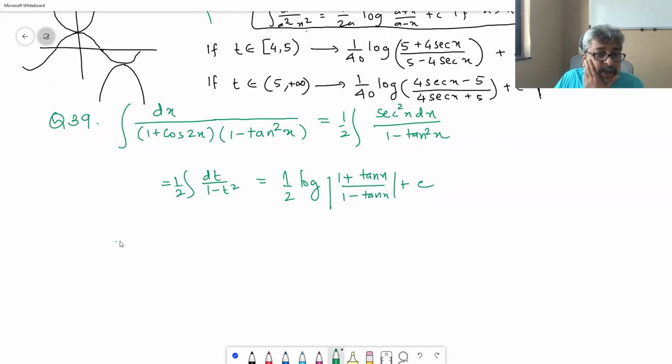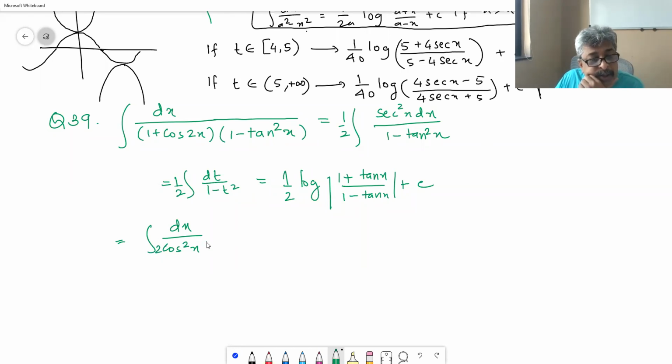Okay, this integral is equal to integral dx upon cos square x, since 1 plus cos 2x is 2 cos square x. That 1 by 2 comes out.